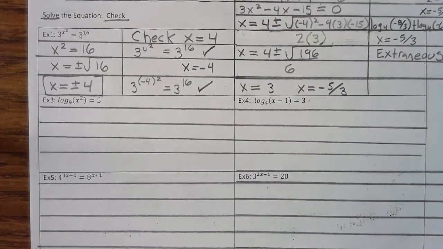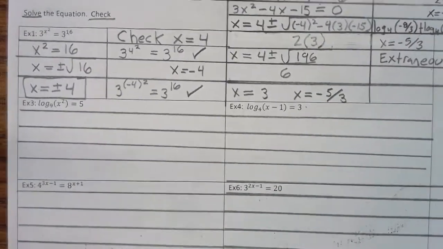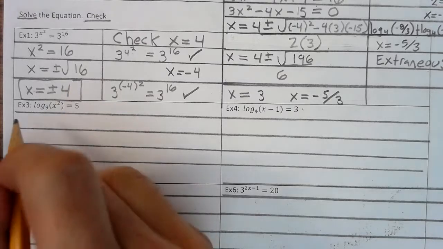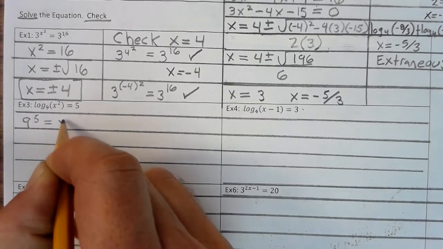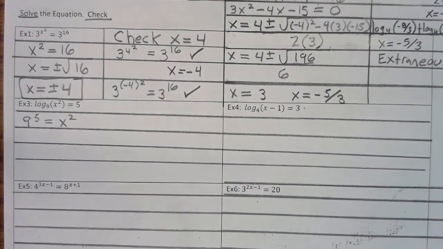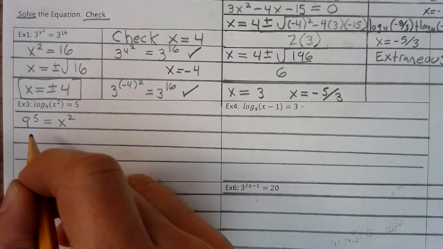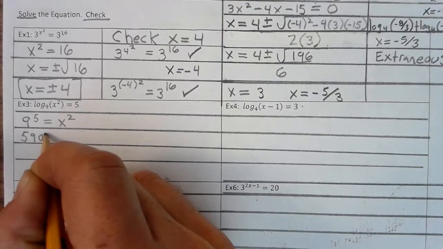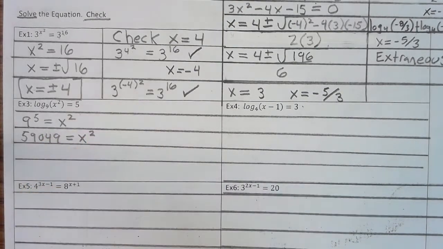To solve, we can convert the log into exponential. To do that, we know that we can write this as 9 to the 5th power equals x squared. Well, 9 to the 5th power is 59,049 equal to x squared.